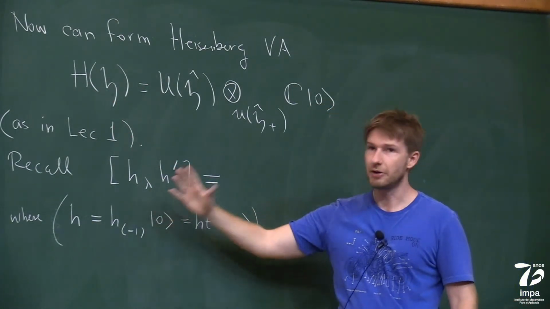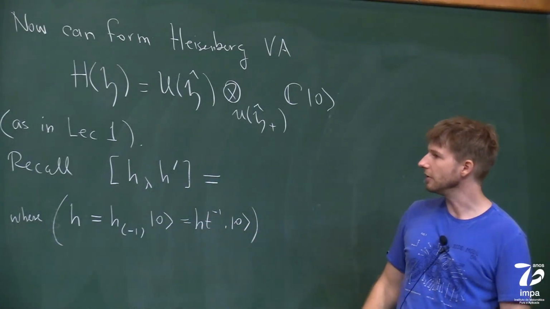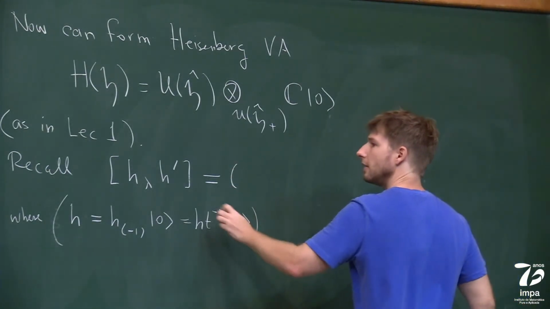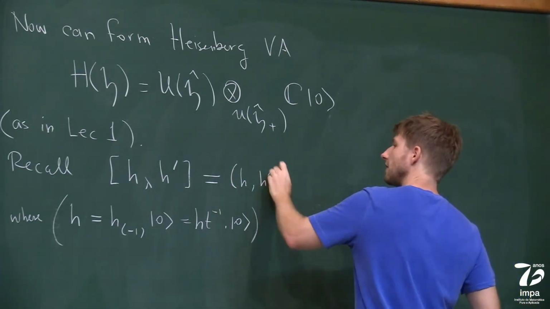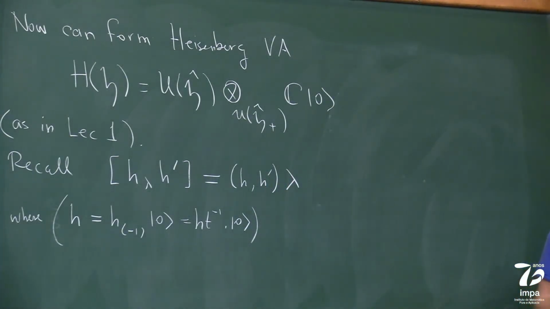Anyway, these elements generate the vertex algebra in the same way that occurred in the first lecture. And you can check that the OPE for two of these is just given by this scalar multiplied by lambda. Okay? Not sure why I recalled that relation, because I'm not going to use it.